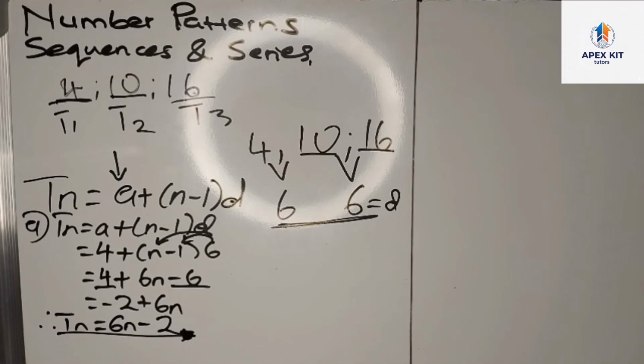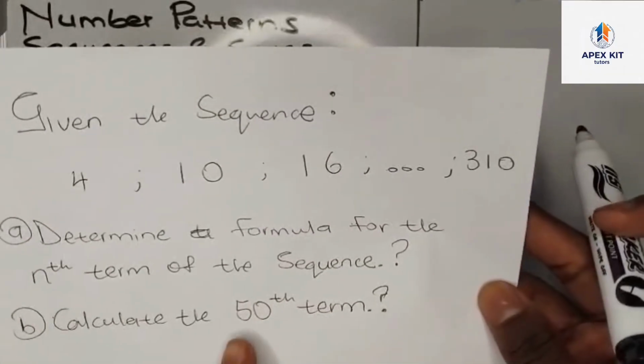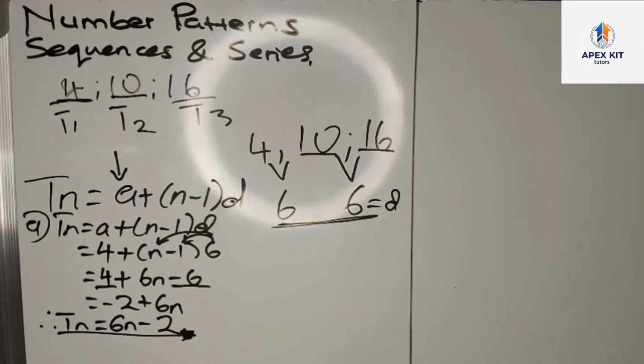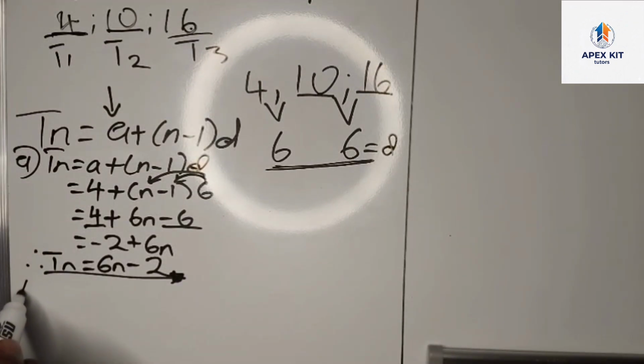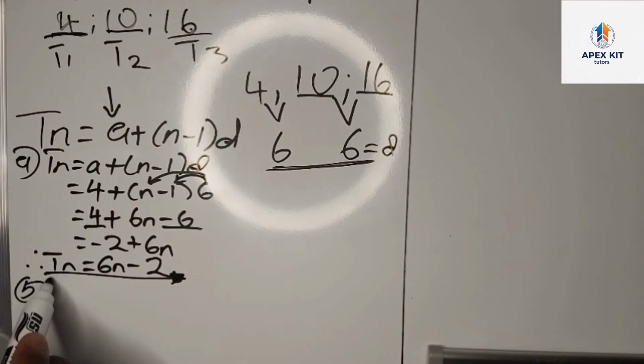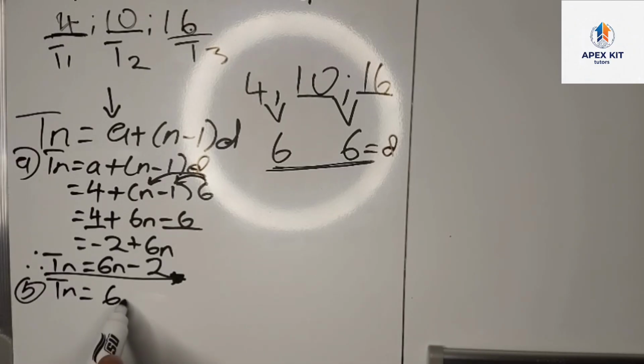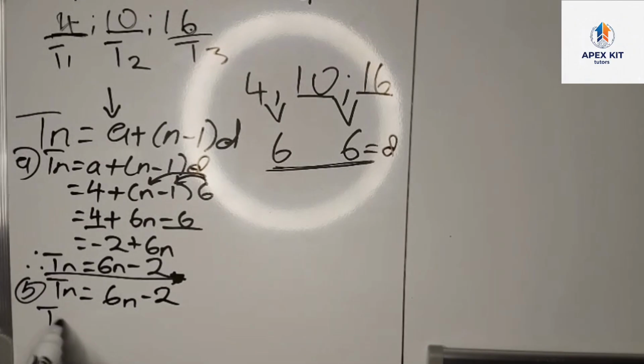The second problem said we must find the fifth term. Calculate the fifth term of the sequence. We write Tn equals 6n minus 2 first, and then we write T50.